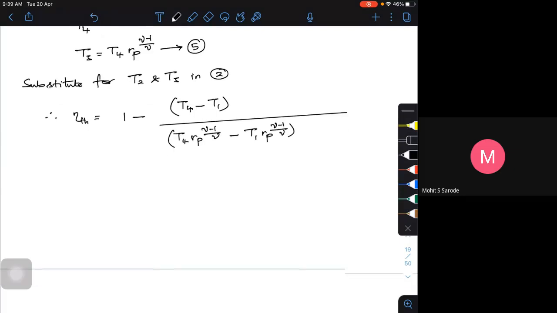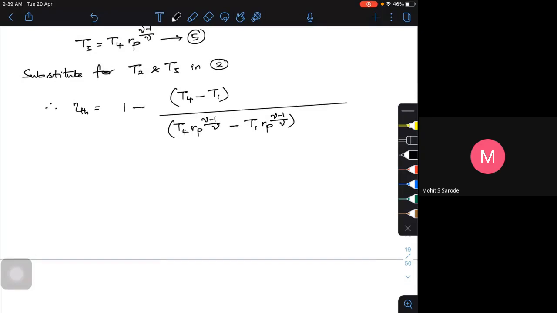Now if you look at it, further simplification is 1 minus, see, in the denominator Rp to the power of gamma minus 1 by gamma is common. So in the numerator it is T4 minus T1, divided by Rp to the power of gamma minus 1 by gamma times T4 minus T1.